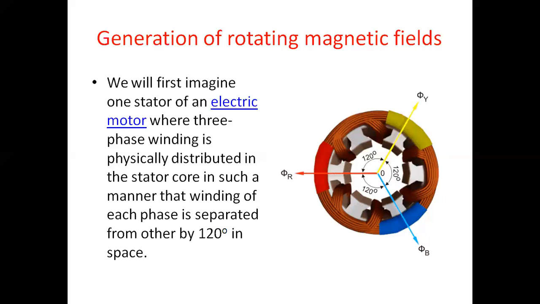So the three-phase windings are physically distributed in the stator core in such a manner that the windings of each phase are separated from each other by an angle of 120 degrees in space.